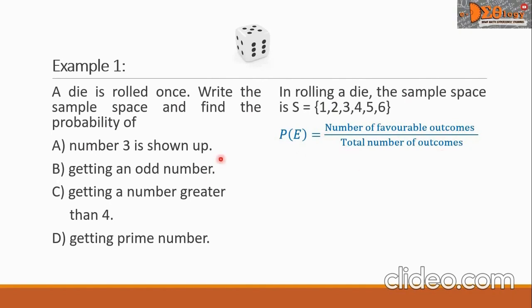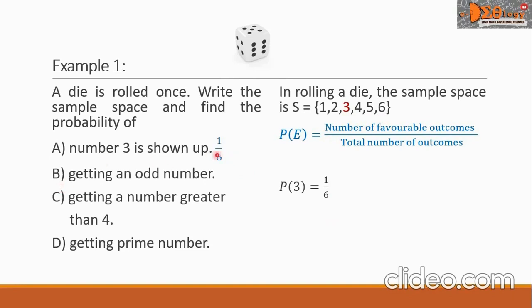Let's begin with problem A, that the number 3 is shown up, and we write P of 3. In our sample space, there is only one element of 3. So we write 1 all over the total number of outcomes, which is 6. So the answer here is 1 over 6, and we will write this answer opposite problem A.